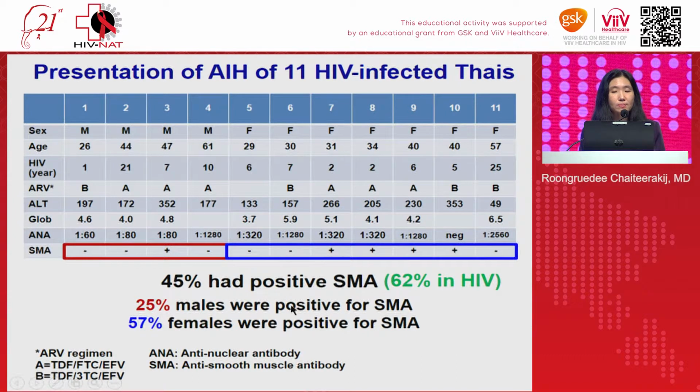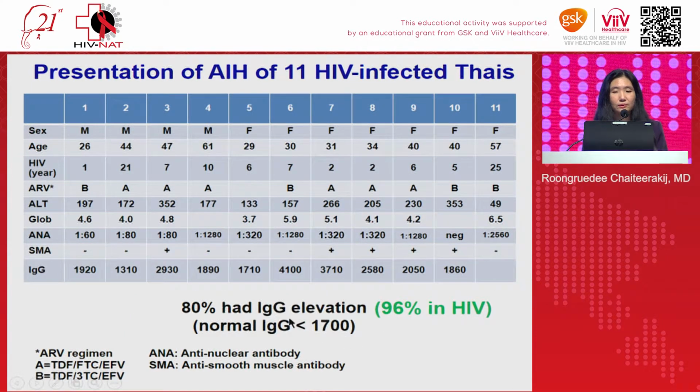And when we categorize by gender, we found that only 25% of males were positive for smooth muscle antibody, and females were positive much more often. 57% of females were positive for smooth muscle antibody. For IgG elevation, 80% of them were positive. So if you raise the question whether the HIV patient has hepatitis because of AIH, you could do the screening tests of ANA, smooth muscle antibody, and IgG.